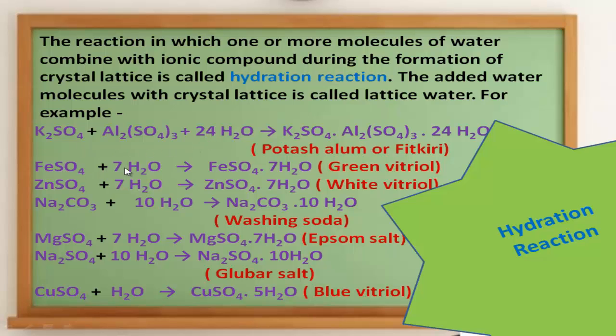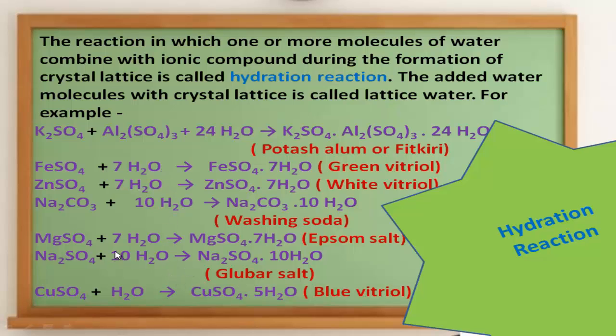Also, when ferrous sulfate combines with 7 molecules of water, ferrous sulfate with 7 molecules of water is produced, a crystalline substance. This is known as green vitriol. I have given the name here also, and these are all crystalline products, this is a salt. I have given these here because these formulas are very important.